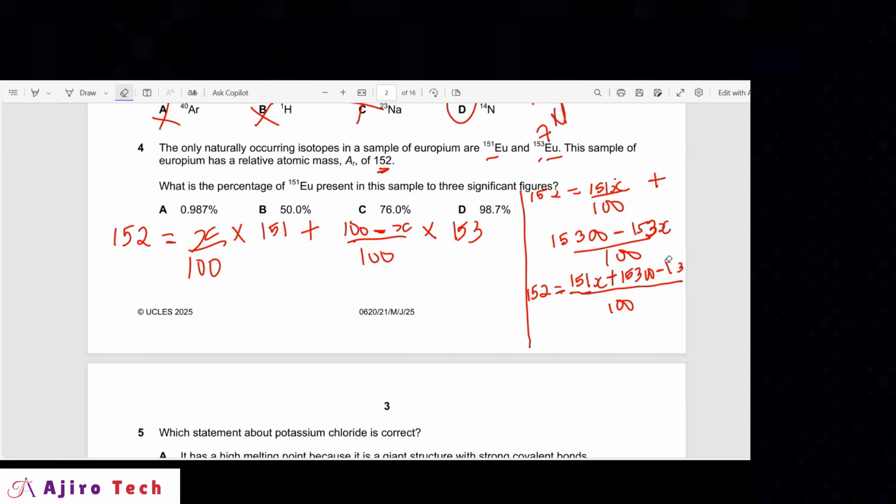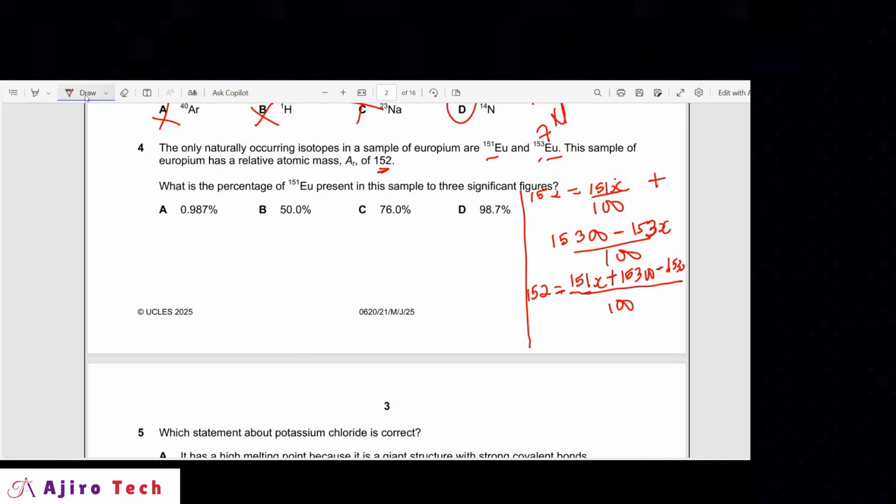Minus 153x. Okay, so I'll move in here. Let me erase this now so that we can manage the space. Okay, so from the step we have there, we could cross multiply.